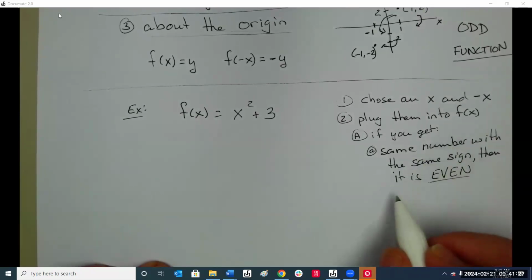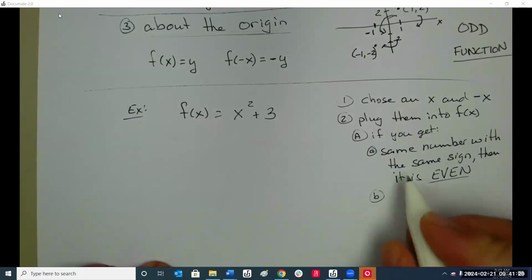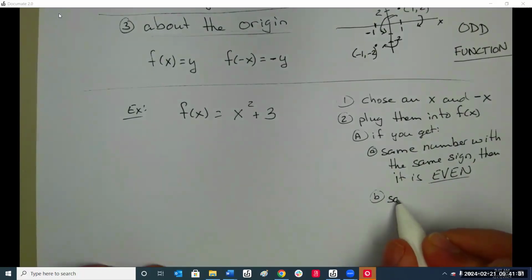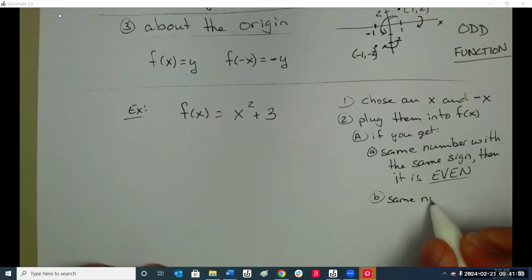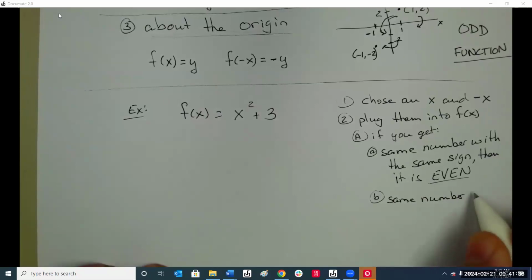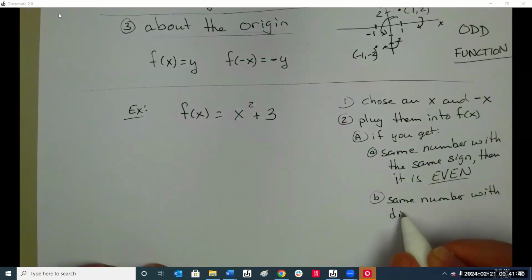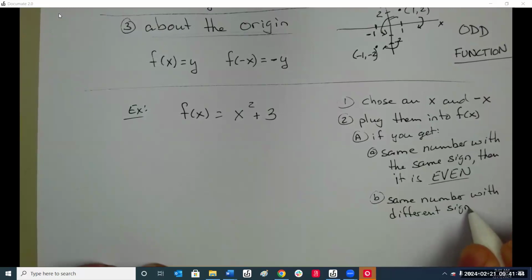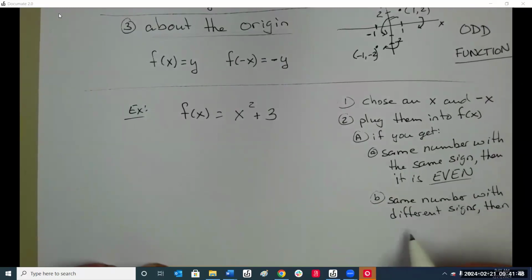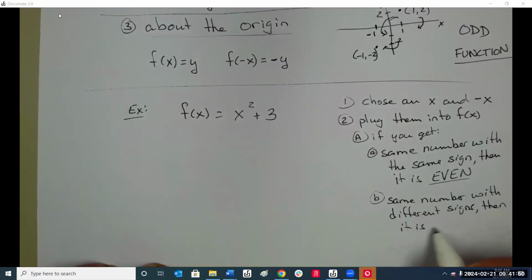If you plug it in there and you get the same number with different signs, then it is odd.